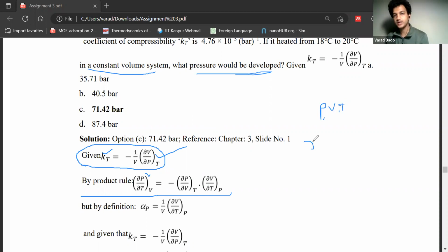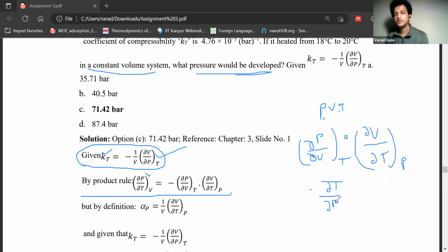So what is the product rule? It is a thermodynamic identity that (∂P/∂V) at constant temperature multiplied by (∂V/∂T) at constant pressure multiplied by (∂T/∂P) at constant V is equal to -1, right?